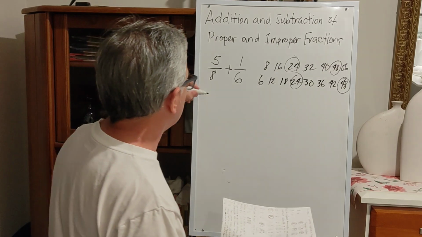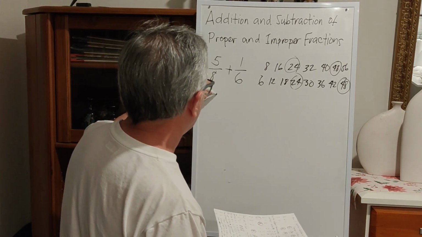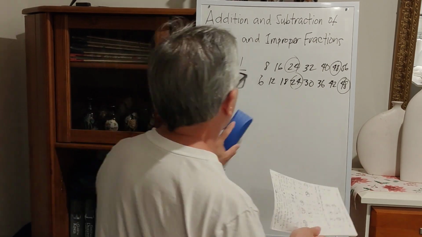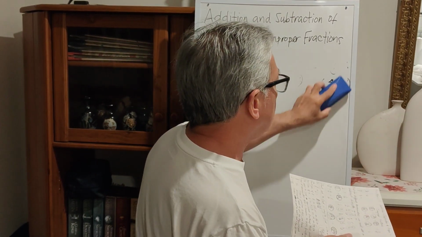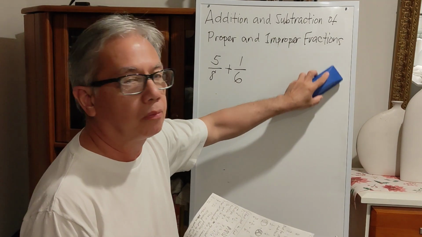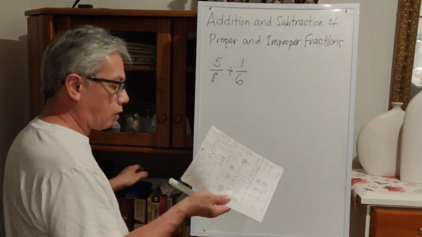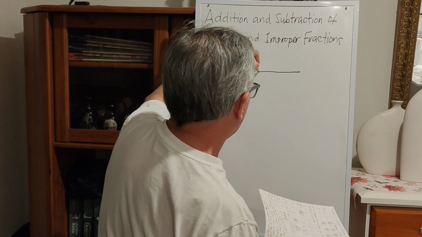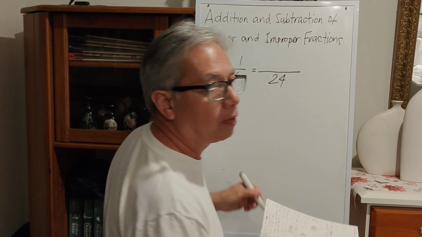We now know that 24 is the common denominator for both of them. So what we will do is put one long bar and put 24.